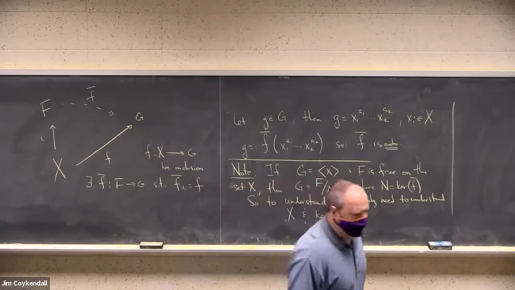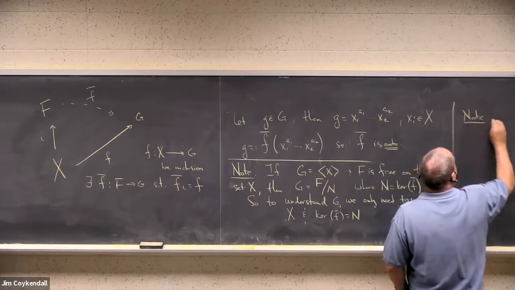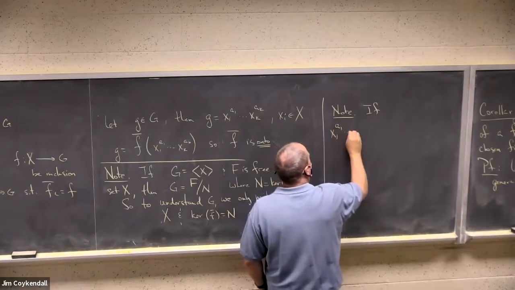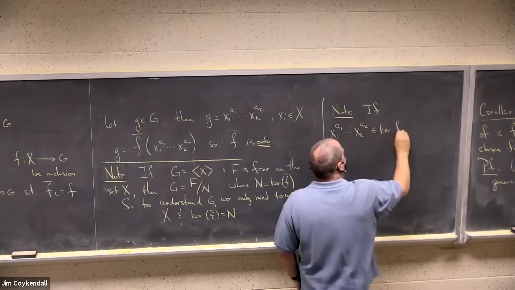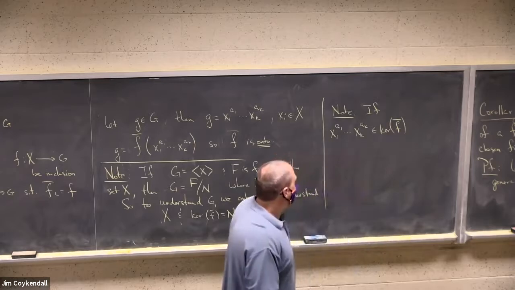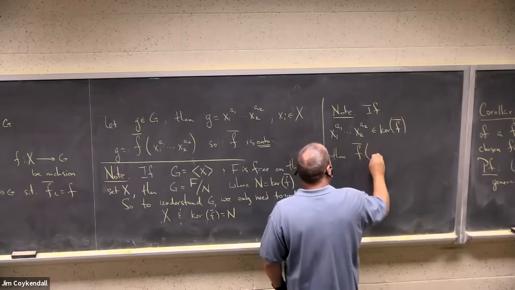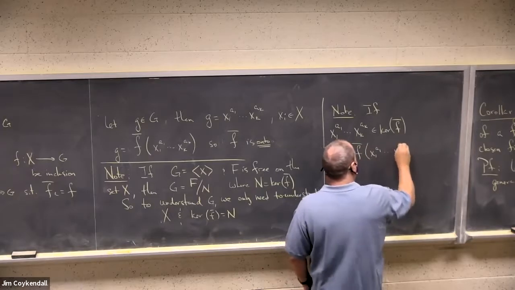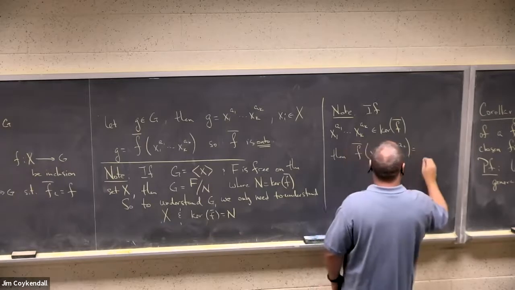So notice, if x1^a1 up to xk^ak is in the kernel of F bar, right? Then F bar of x1^a1 up to xk^ak is the identity.